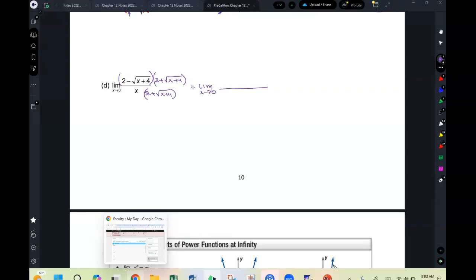In the numerator I have a minus b, a plus b. Square the first term, 4, minus square the second term, you just get x plus 4. Don't forget the parentheses. Over x times 2 plus the square root of x plus 4. Don't multiply that out.